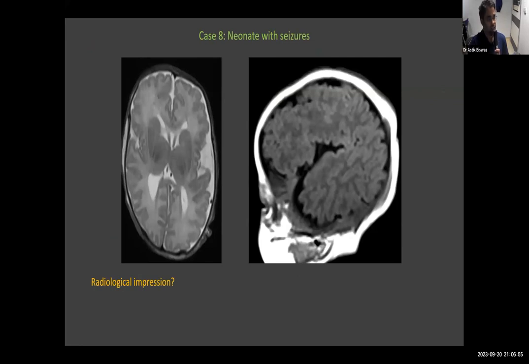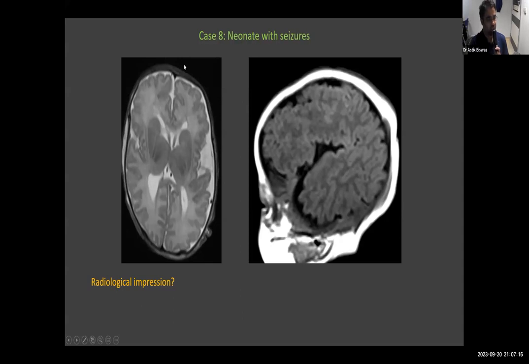So case 8, neonate with seizures. This is a good time to image the brain before myelination has started, because we see a very good contrast between the gray and white matter. At this point, we can see this irregular stippled appearance involving the frontal and sylvian regions on both sides. So there is perisylvian polymicrogyria.